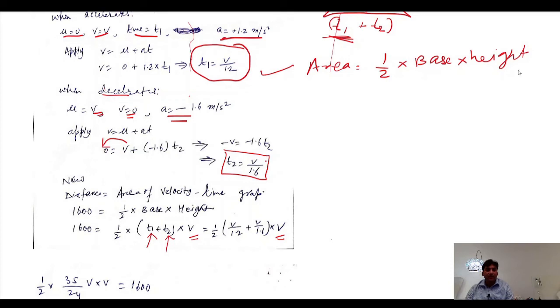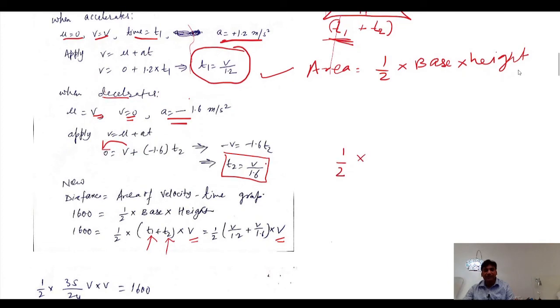Now we will solve this, 1 over 2. How can you solve this? Let me show you. 1 over 2 times, you can take v common from this bracket, then you will have 1 over 1.2 plus 1 over 1.6, times again v.